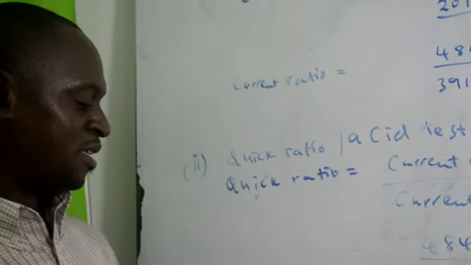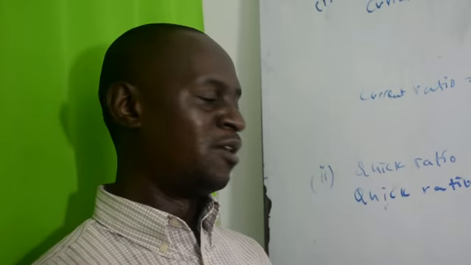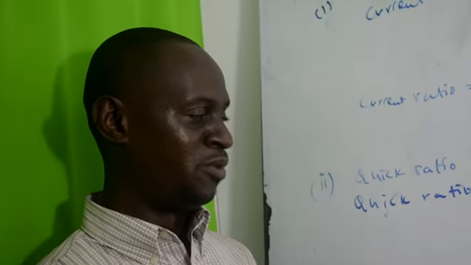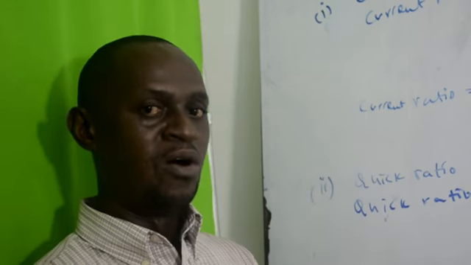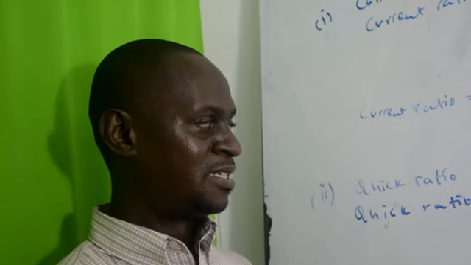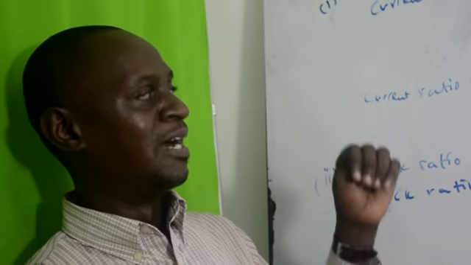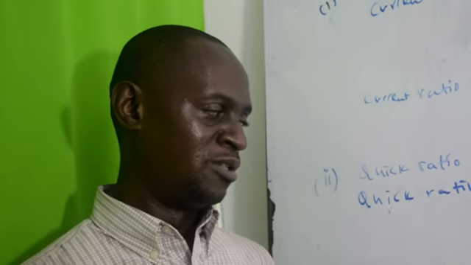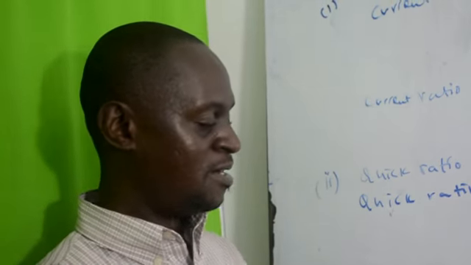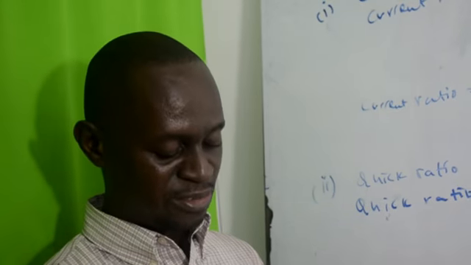So we are going to make an assumption that all sales were on credit. But the moment the examiner has told you that, let's say 80% of sales were on credit, you need now to calculate the value of credit sales.